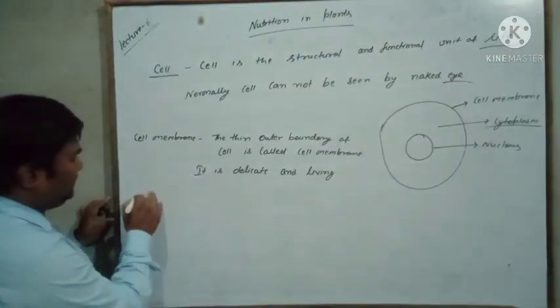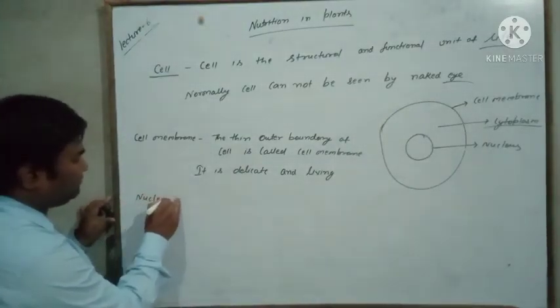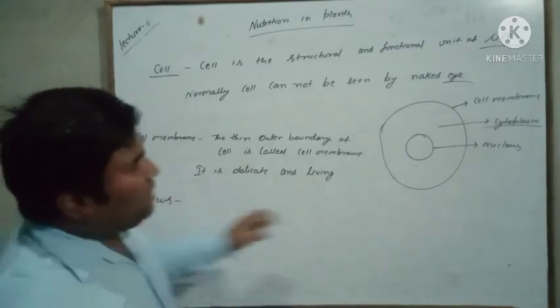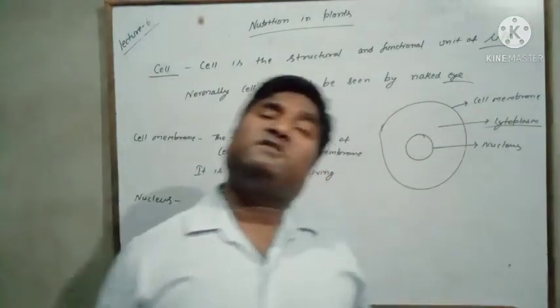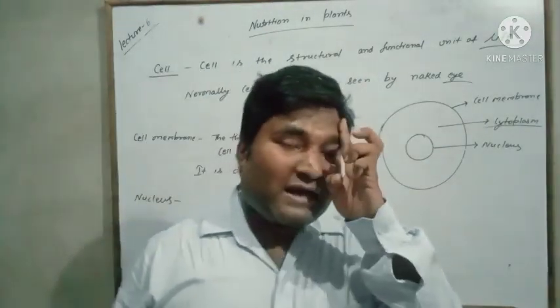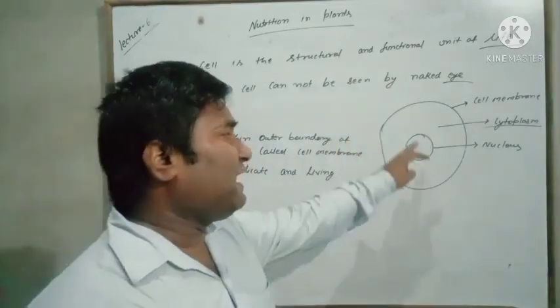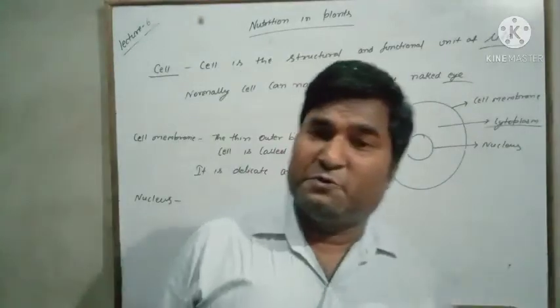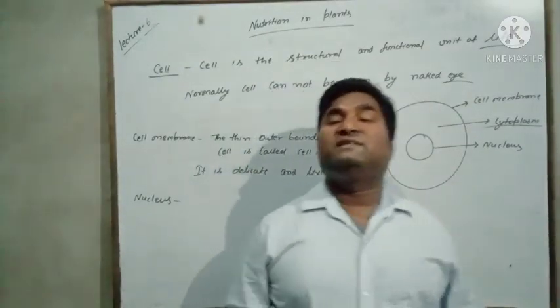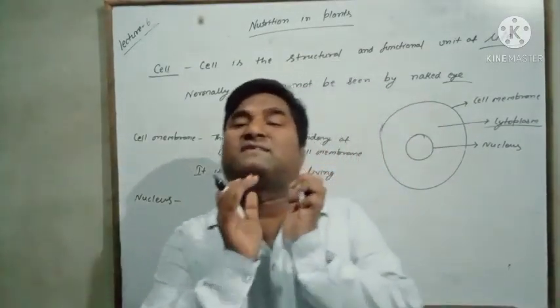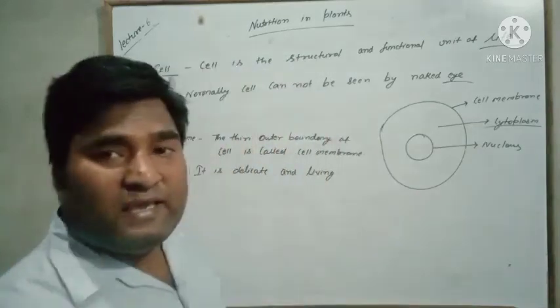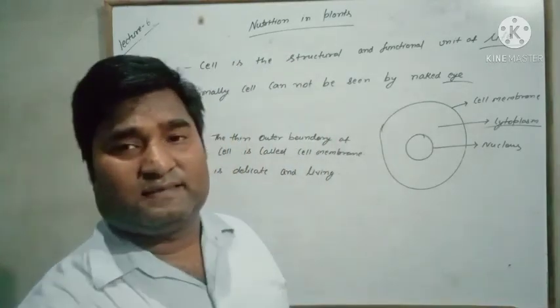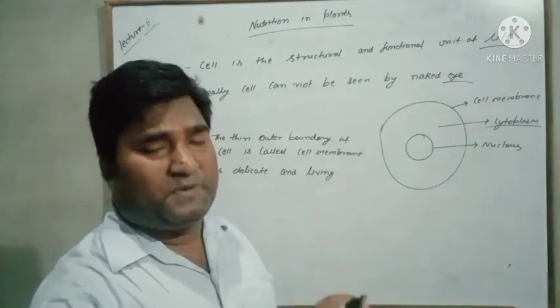Next is nucleus. Nucleus is the control center of the cell. Whatever function that cell has to perform, everything is controlled by the nucleus, and nucleus is generally present at the center. Okay, in plant cell it is not placed at the center.